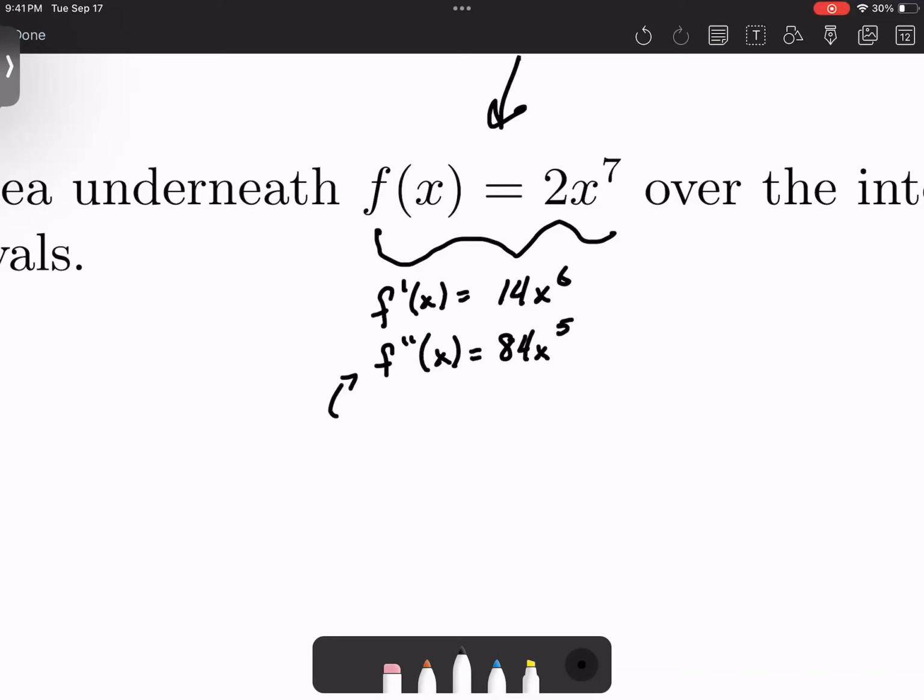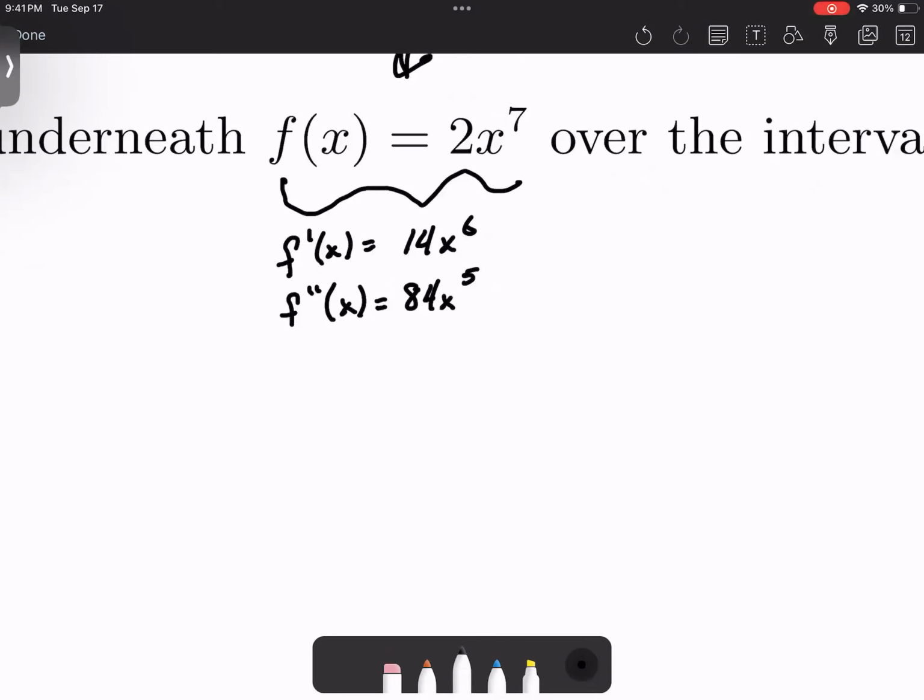So find a third derivative, set it equal to 0, test your boundary points, or you can just understand the geometry of the function. This second derivative over the interval 1 to 2 is monotonically increasing, which means that its maximum occurs over here at the right-hand endpoint of the interval, 2.